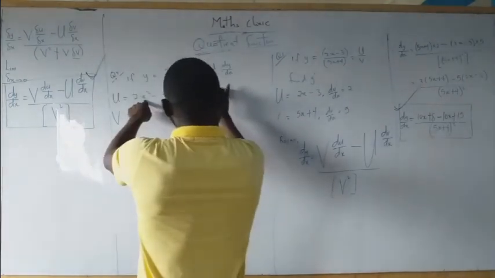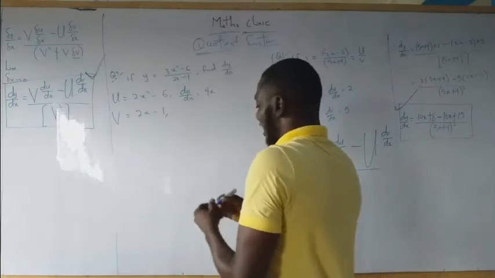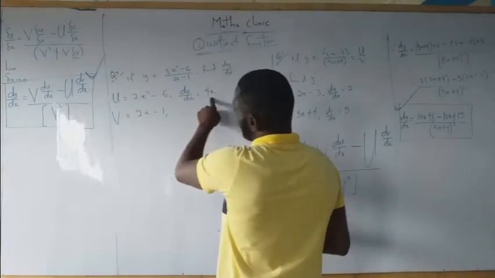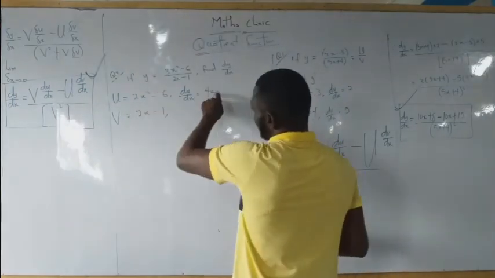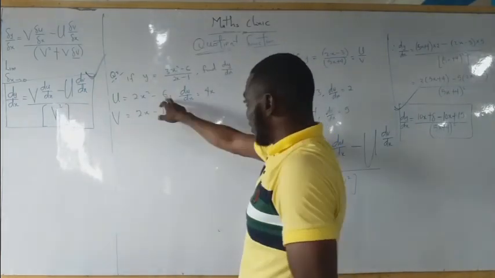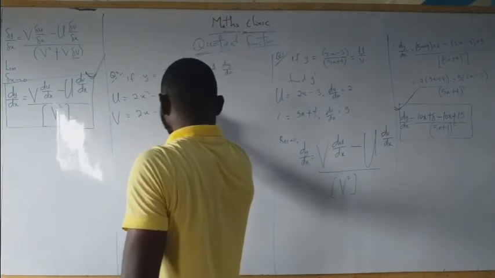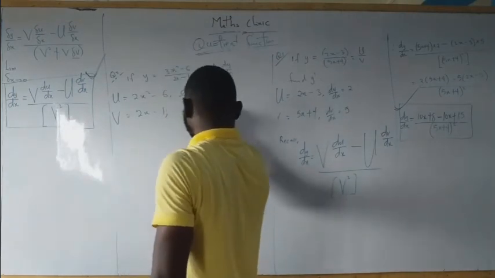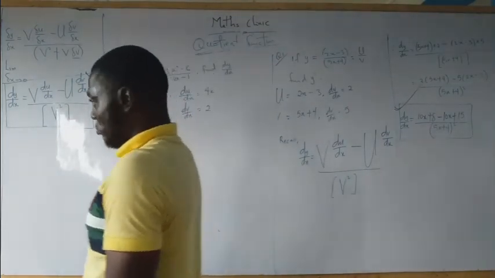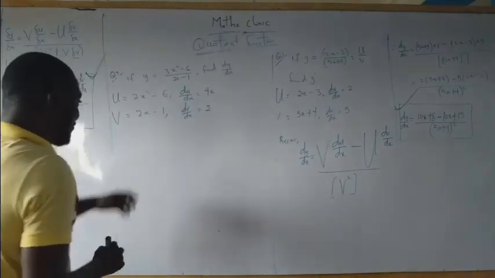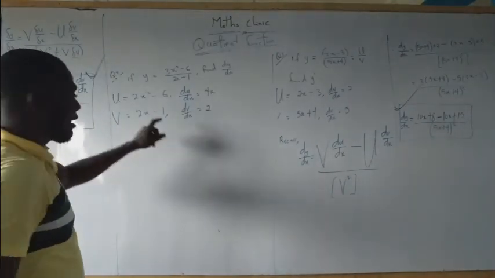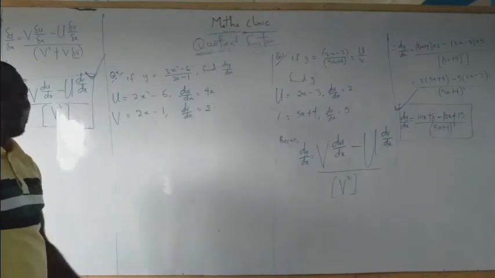This will give you 6x, that's 2 times 3, 6. Minus 6 is 0. What about dv dx? dv dx is 2. Take note, the derivative of 2x is 2. Minus 1 is a constant, so the derivative of minus 1 is 0.